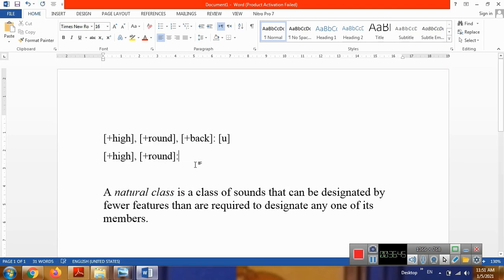It is not a natural class, it is just one member of the Turkish vowels. But when I write the sounds here, those sounds are a natural class because I designate them according to 2 features, which is 1 feature fewer than 3 features, which is enough to explain one of the vowels of Turkish.